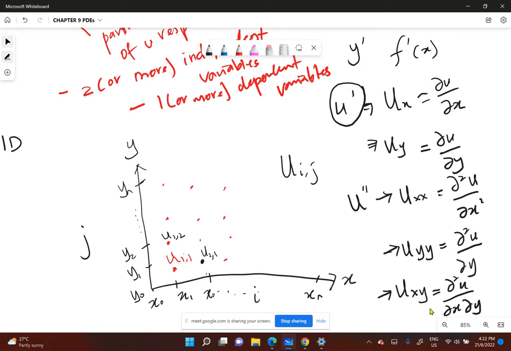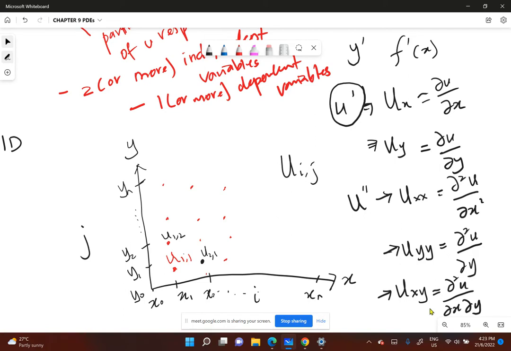Okay. Now, we continue with the basics. What is the difference between ODE and PDE? Okay, so ODE that you learned in the previous chapter, the initial value problems, boundary value problems, and now we go to the PDE. What is the difference? The difference is in PDE, we have more independent variables.